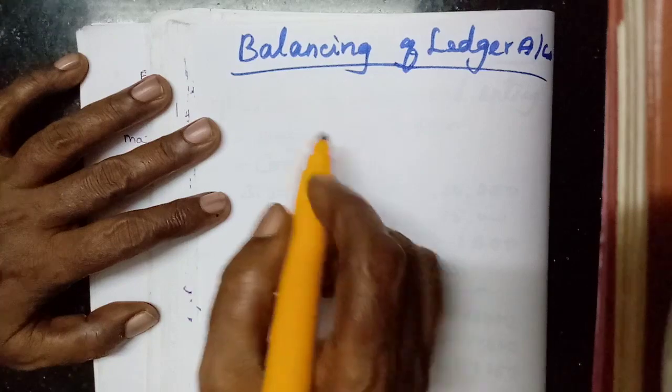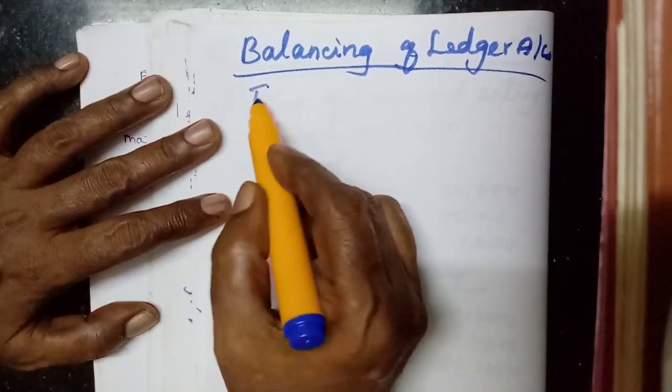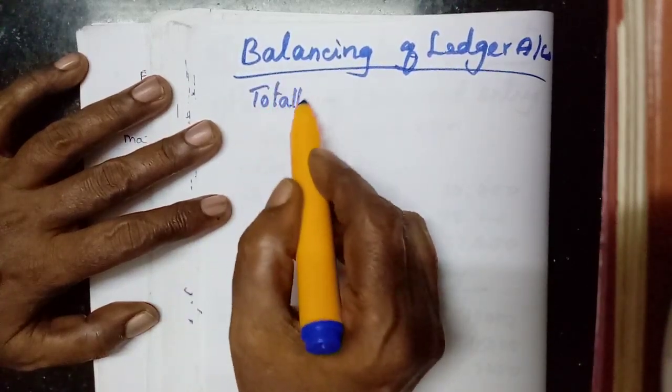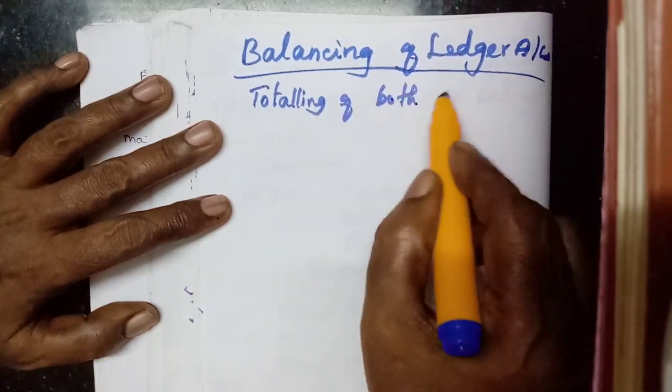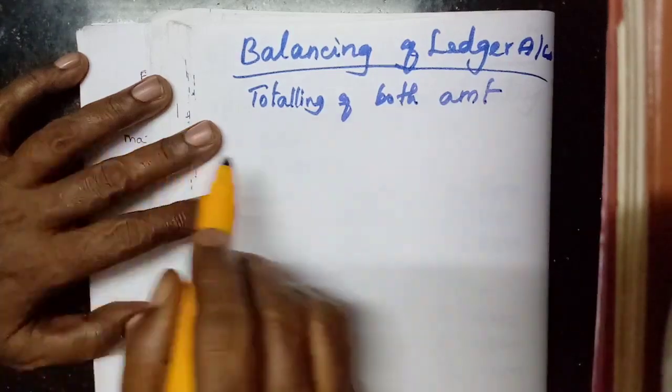So what is balancing? Here it is nothing but totaling of the amount column on both the sides. Both amount columns should be totaled, first step.